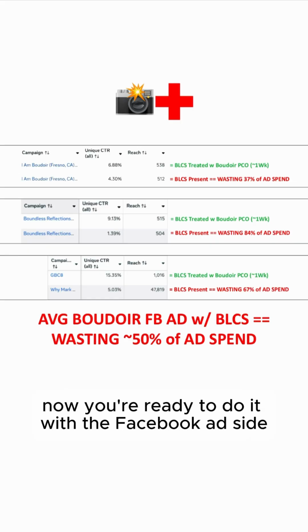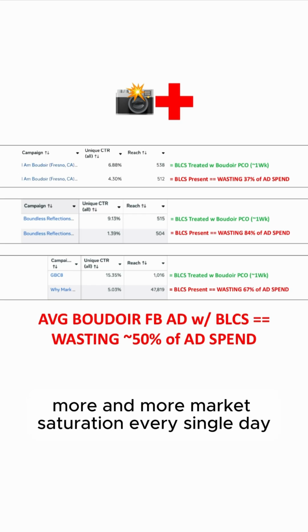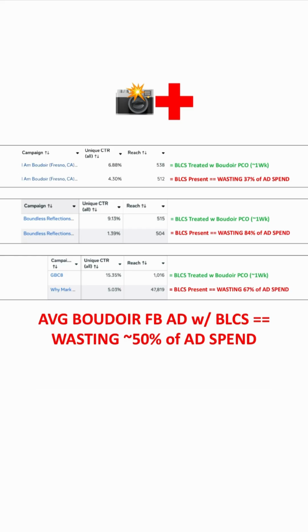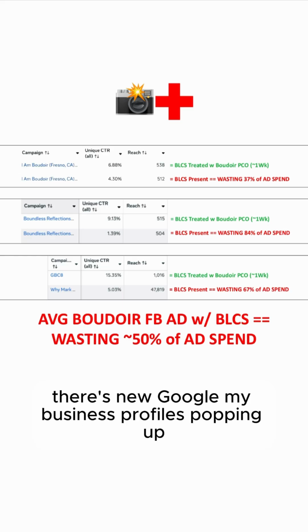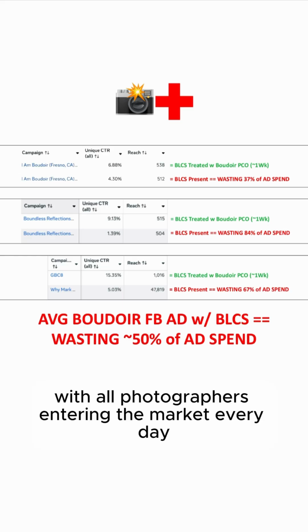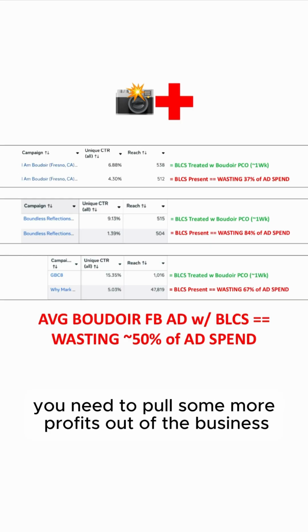Now you're ready to do it with the Facebook ad part of the business, and you're seeing more and more market saturation every single day. Anytime someone gets a new iPhone or new camera, there's new Google My Business profiles popping up. More boudoir photographers are entering the market every day, and there's more inflation in life, so you need to pull some more profits out of the business.